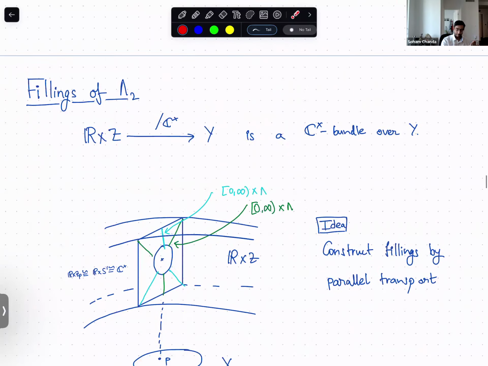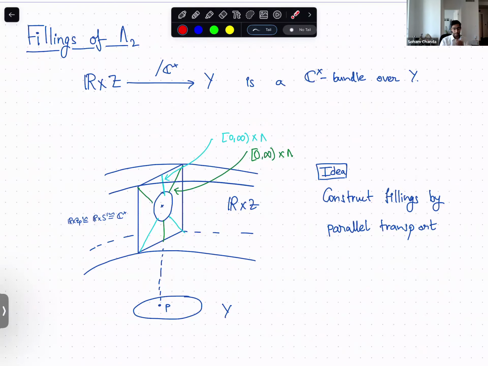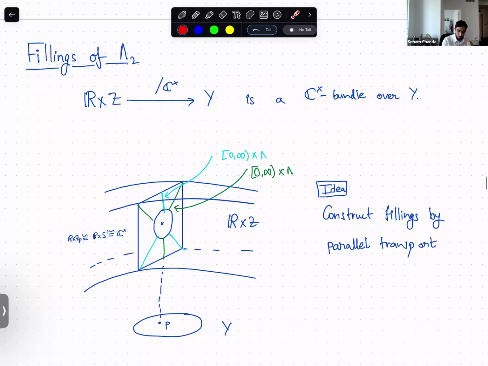So if you look at the fiber of the C star bundle, lambda 2 looks like this. Okay, there's a typo here. This should be e to the i pi over k lambda. Okay. 0 to infinity times lambda will look like this.